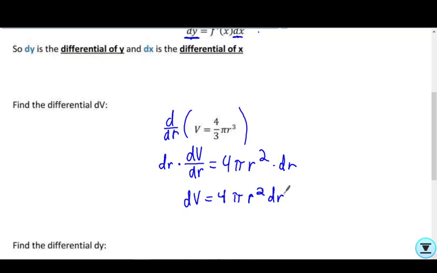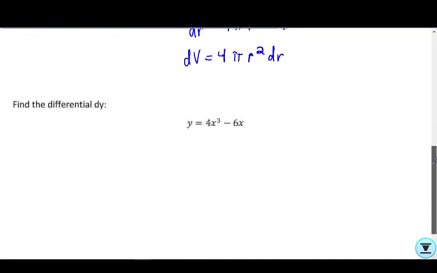So this is going to tell me just how the volume's changing based on how my radius is changing. It's not going to give me the change in volume over the change in radius, it's just going to give me the change in volume. If all I want to know about is the volume instead of the slope or rate of change, this is how you would look at it.